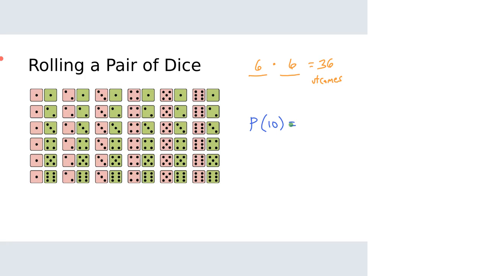Remember, the most important thing about probability is it's successes over outcomes. It's kind of nice having this picture. Essentially, we've got our sample space all written out for us.